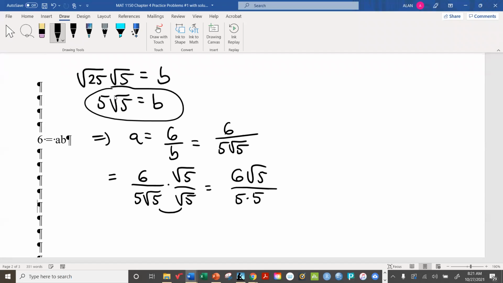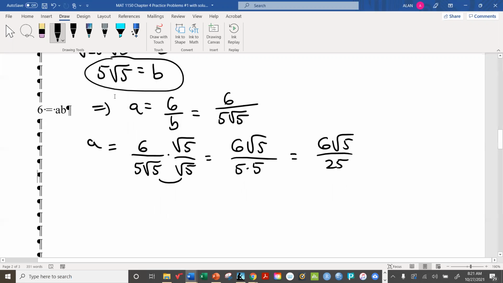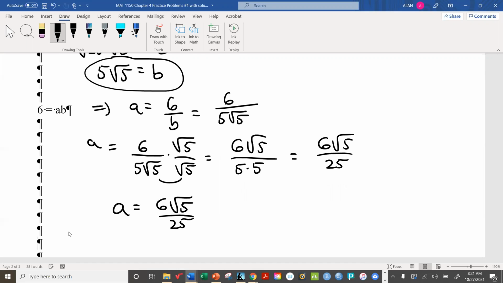These two, when multiplied together, give me 5. And that's it for A. So therefore, the final result is that A equals 6 radical 5 over 25, and B is 5 radical 5.